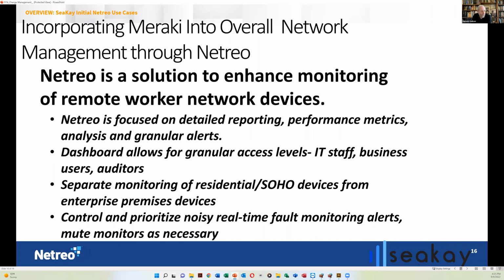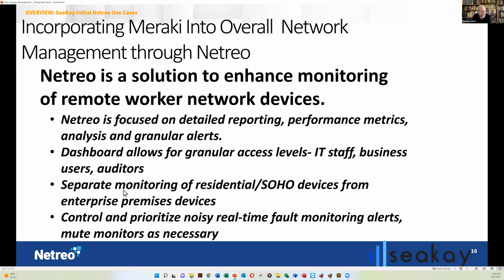That said, what we're working on now within our lab is trying to develop an overall strategy of managing Meraki through Netreo. Netreo is focused on detailed reporting, it has dashboarding, and we can segment out where devices are located, put them into groups, and come out with critical groups of information.